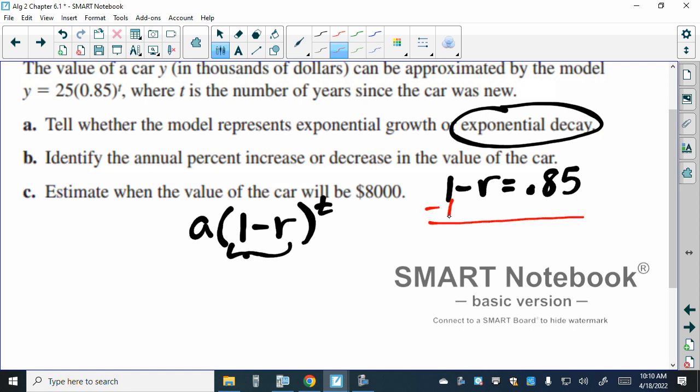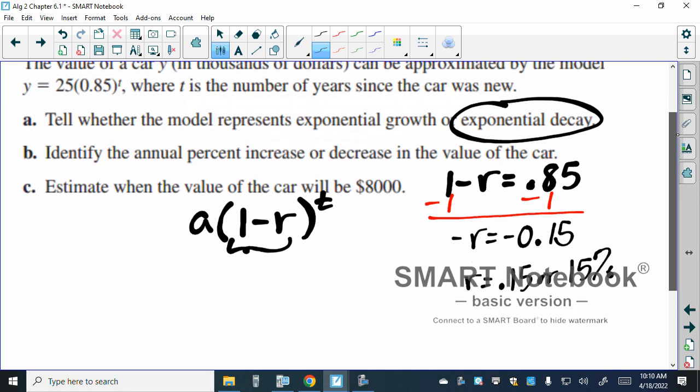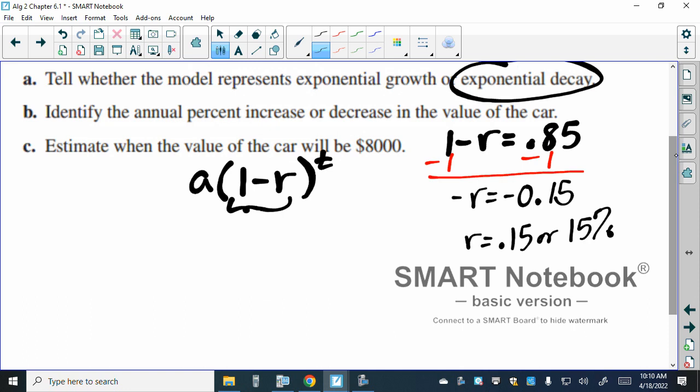Well, I can subtract 1 from both sides, which tells me that negative r is equal to negative 0.15, or our rate is what? 0.15 or 15%. So it's decreasing 15%, I think, each year. Yep. So it's decreasing 15% in value each year. Not terrible. Not great, but I mean, that's about on par.